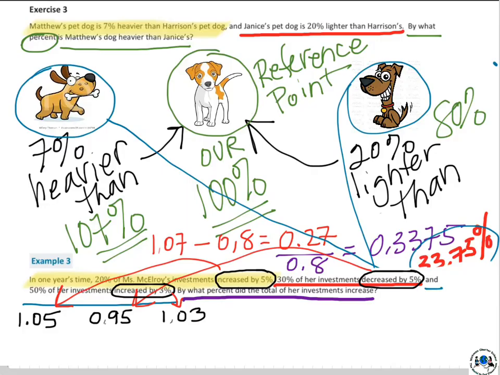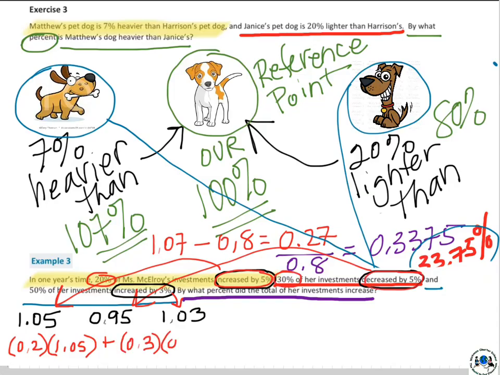So hopefully you can see how I came up with those numbers. Okay, so I just wanted to lay those out there first, and now we need to apply those to the percentage of her investments where they belong. So 20% of her investments increased by 5%. Therefore, we have 0.2, which represents the 20% of her investments, multiplied by 1.05, because that's how much they increase, 5%.